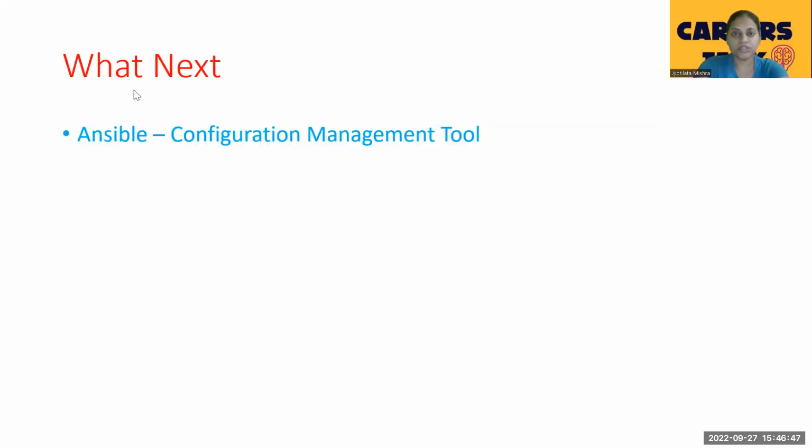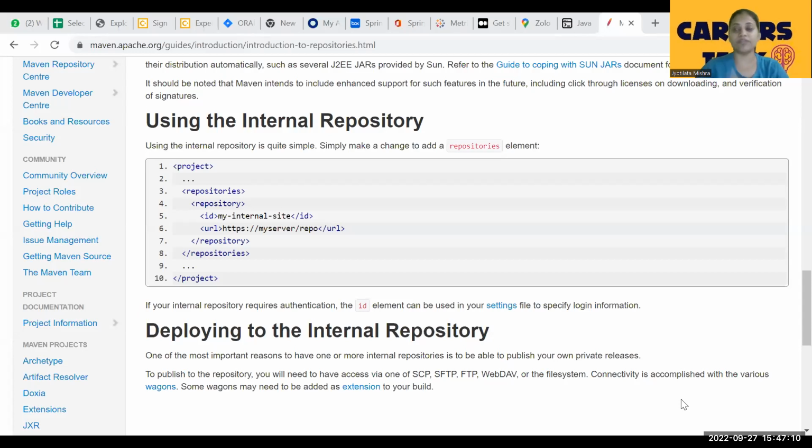Let me quickly show you. Let me take you to the Maven official documentation. The best way to learn, as I always say, is that whatever I am telling you is not in depth, because if I go in depth, it would take a lot of time.